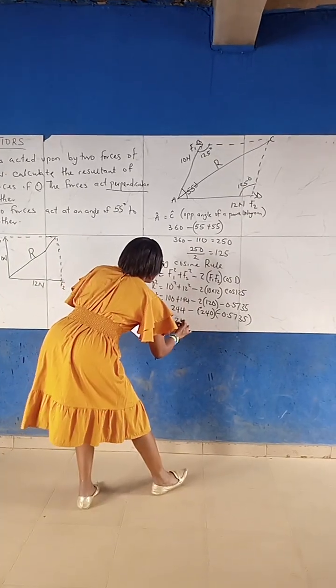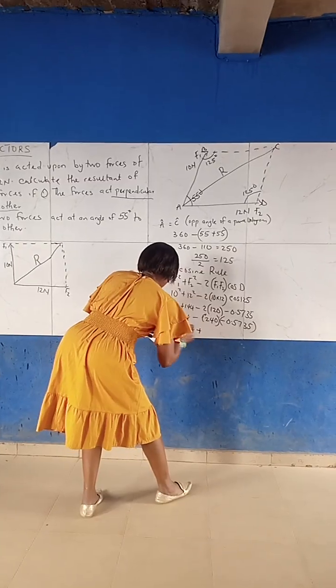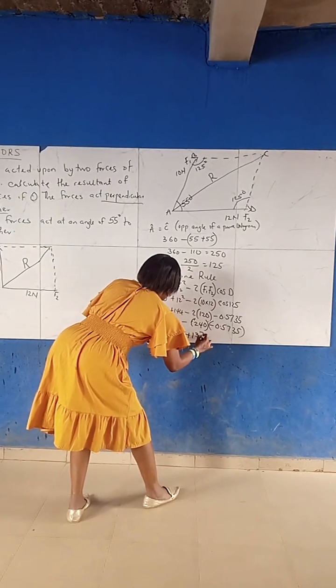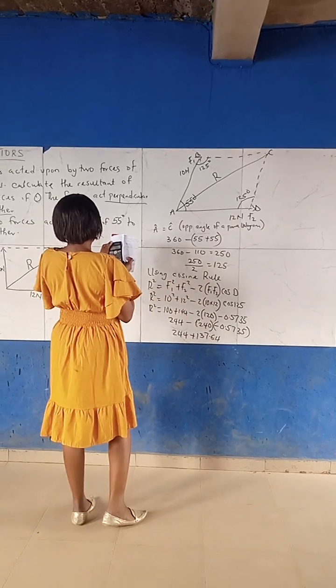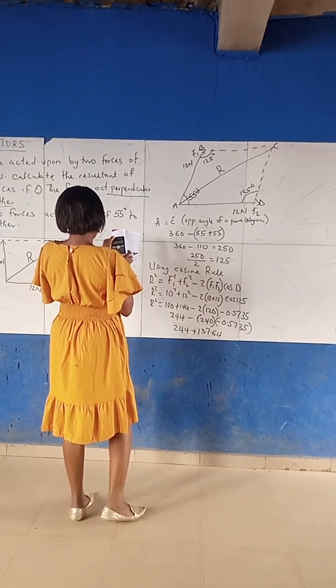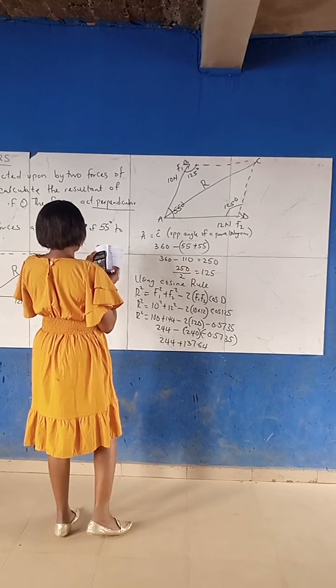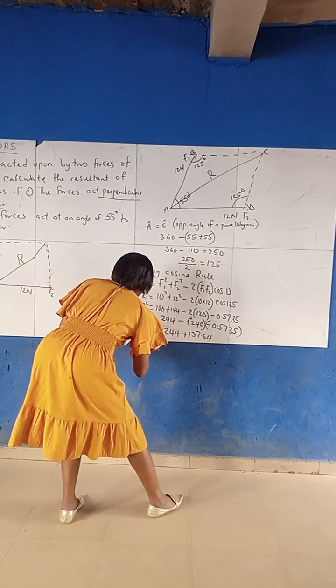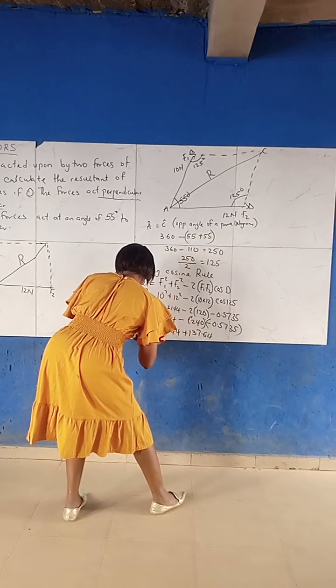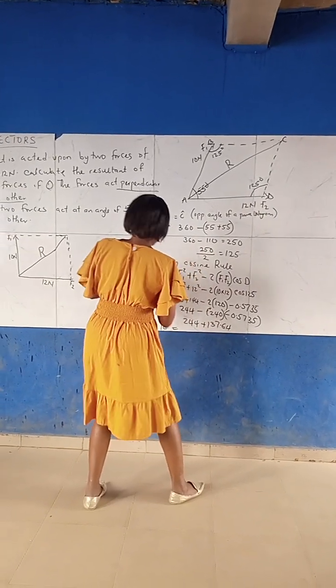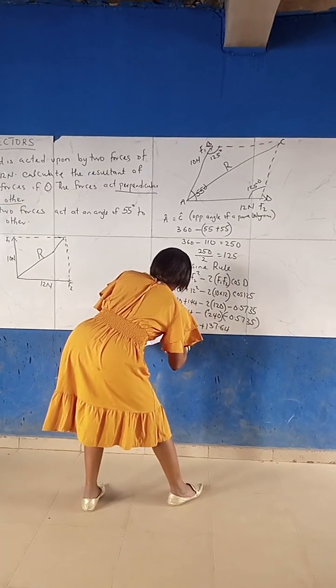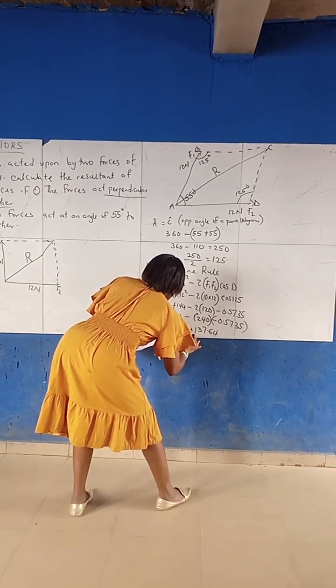So this is 244 plus 137.64. So my R squared will give me 381.64.